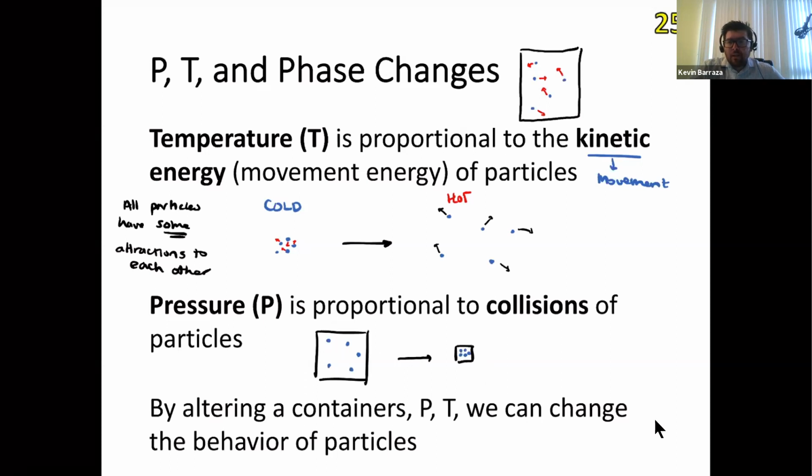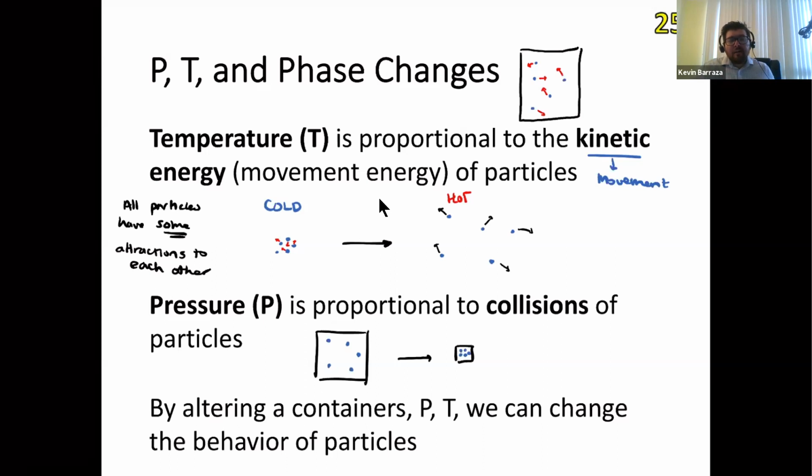So there are two issues, and they're independent of one another. I can change the pressure without having to change the temperature and the kinetic energy. So there are two distinct ways to turn one phase of matter into another.